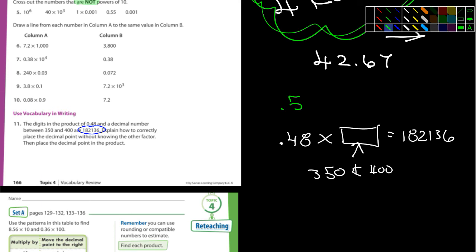And then you could just pick a number, how about 375? That's kind of halfway between 350 and 400. And see what you get when you multiply those together. And then think about where the decimal would go. Okay? Give that a shot. We'll see what happens.